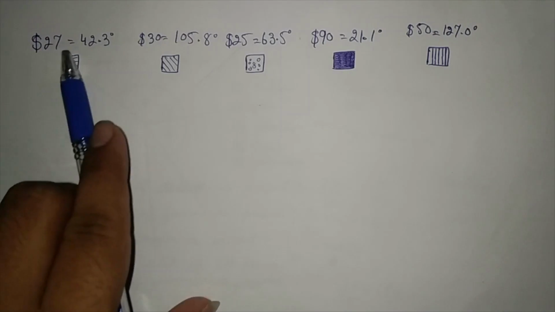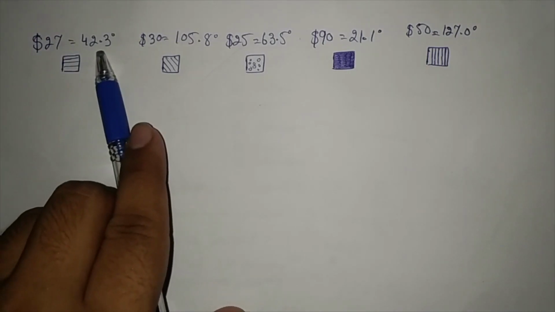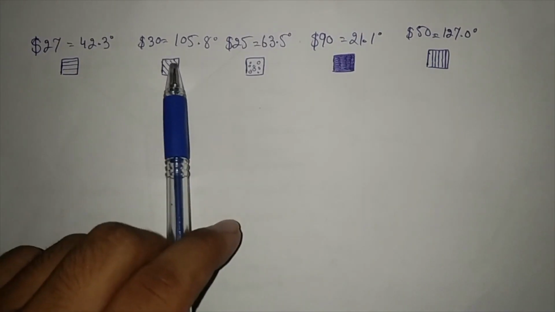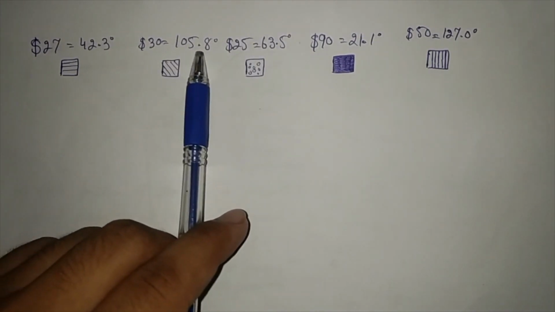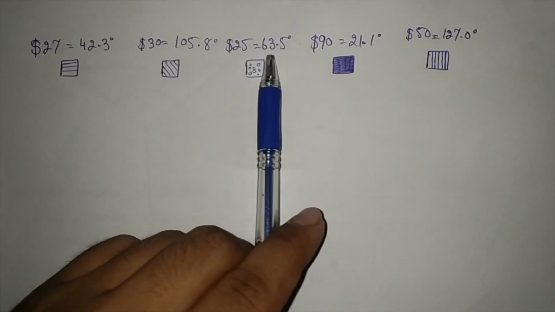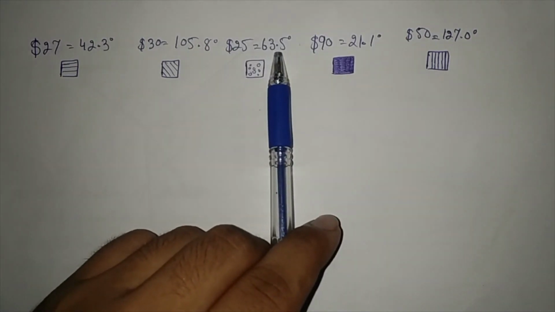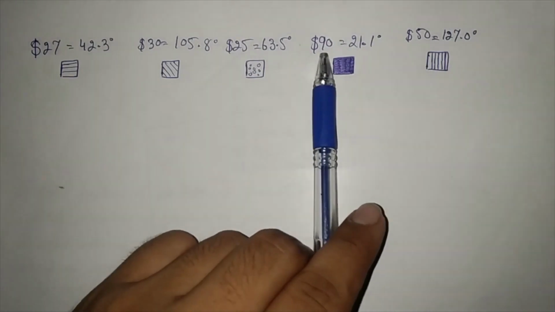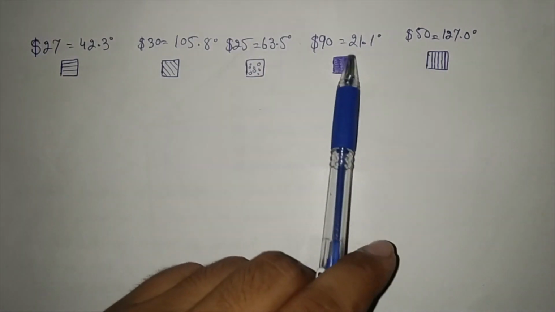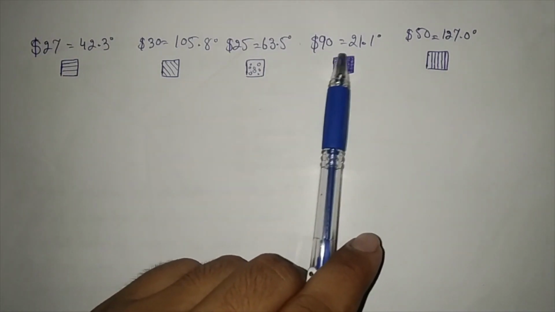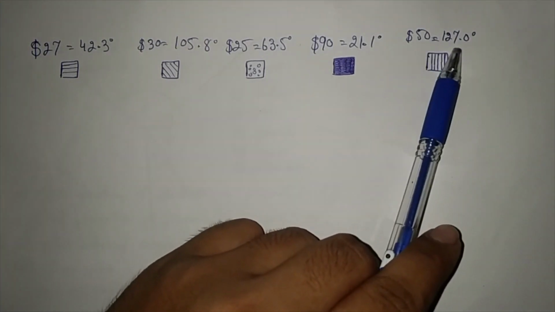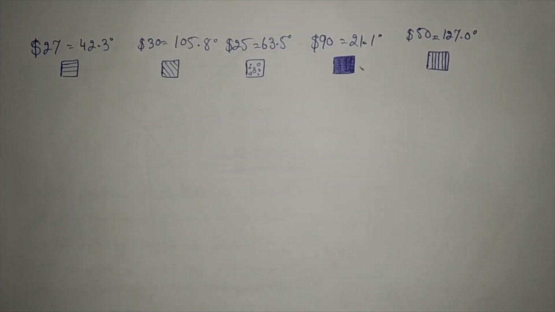This category is equal to 42.3 degrees. Here this category is equal to 105.8 degrees. This category is equal to 63.5 degrees. Here this category is equal to 21.1 degrees, and here this category is equal to 127.0 degrees.